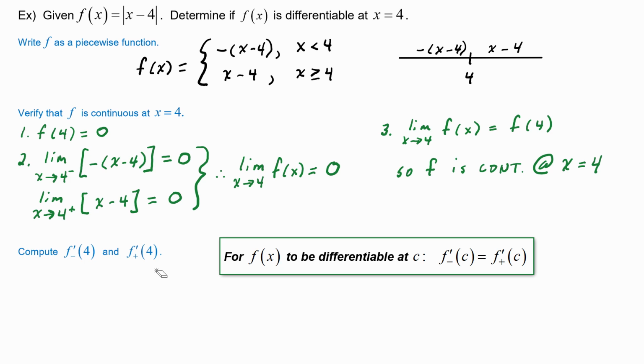So let's go ahead and compute f prime at 4 from the left and f prime at 4 from the right.